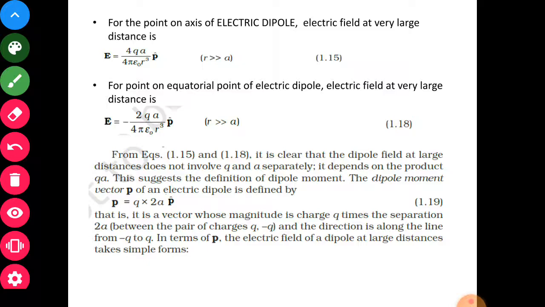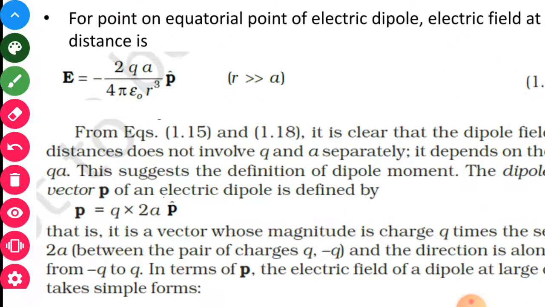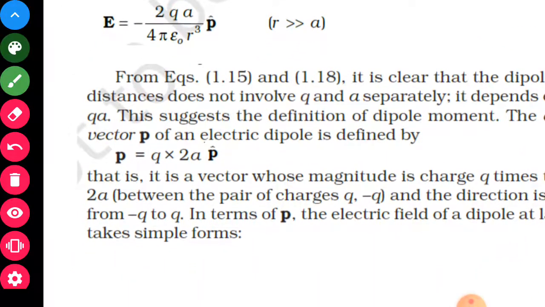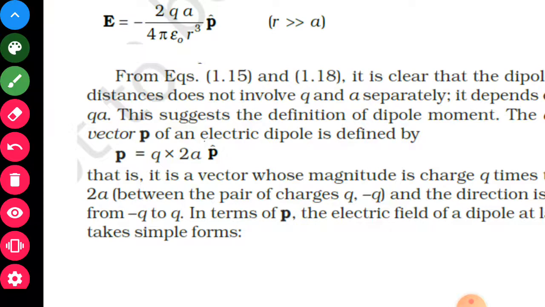Dipole moment is defined as, last time we defined the dipole moment of the electric dipole, P is equal to q into 2a, or 2a into q. It is not a cross product, it is 2a into q p cap. And we know that the direction of dipole moment is from negative to positive charge.